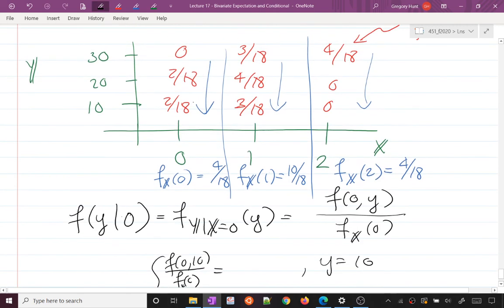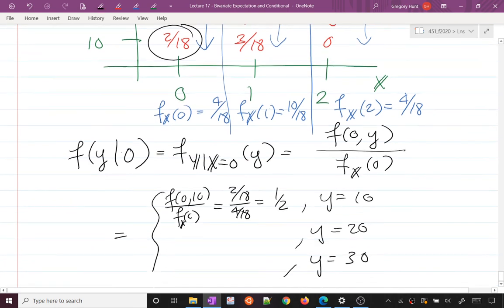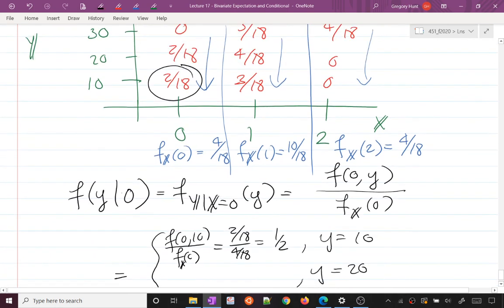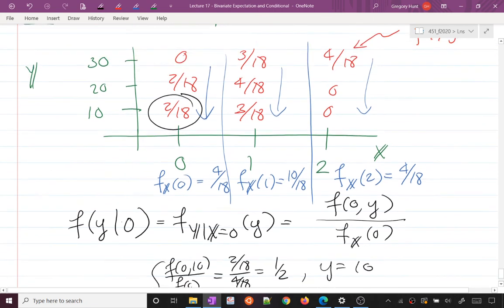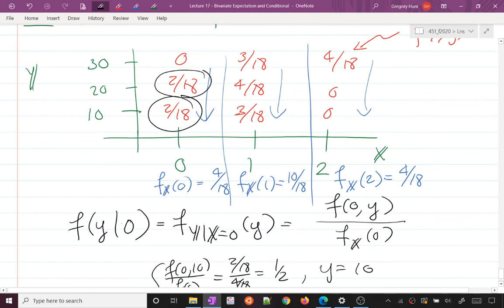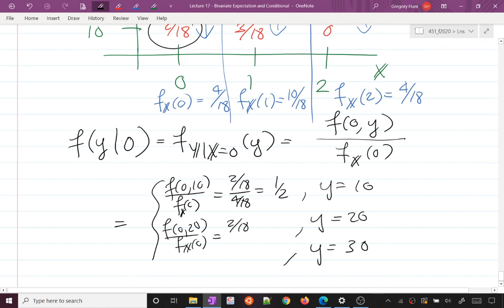F of 0, 10 is this one, which is 2/18. So we get 2/18 divided by 4/18, which is fx of 0, which is 1/2. When y is 20, we're going to get f of 0, 20 divided by fx of 0. 0, 20 is this one, which is, again, 2/18. So 2/18 divided by 10/18 is, what, 1/5?